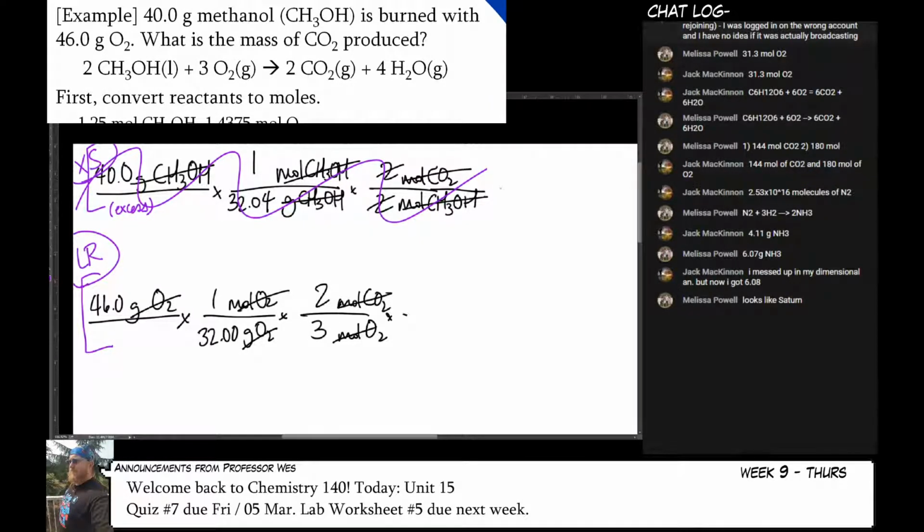And we're going to say, okay, what if we had just figured out how many moles of CO2 were made? Because the number of grams of CO2 is related to the number of moles of CO2, right? And the answer is, yeah, it absolutely is.